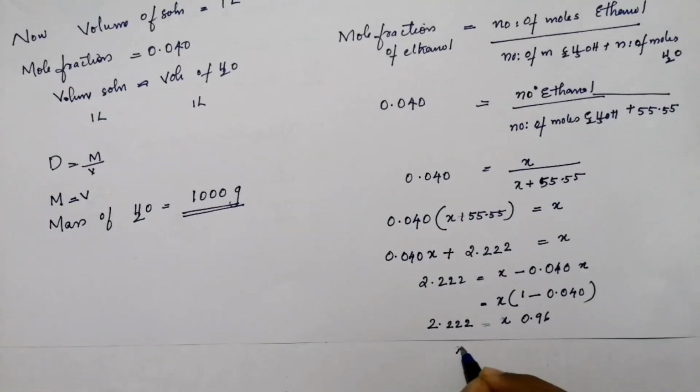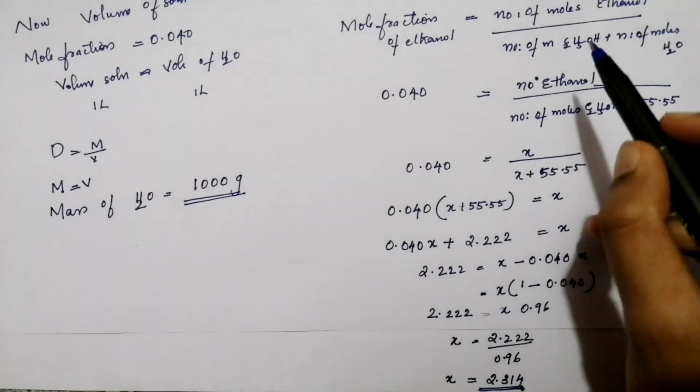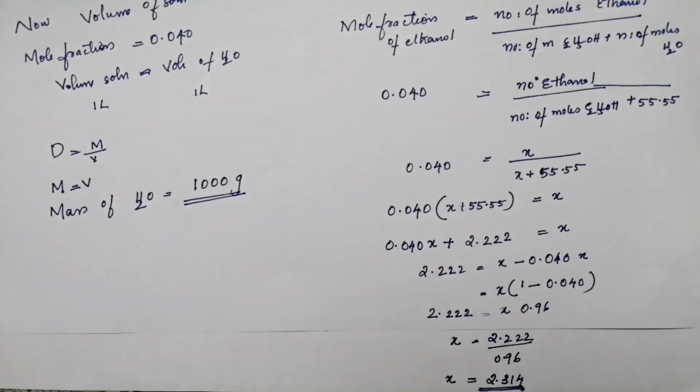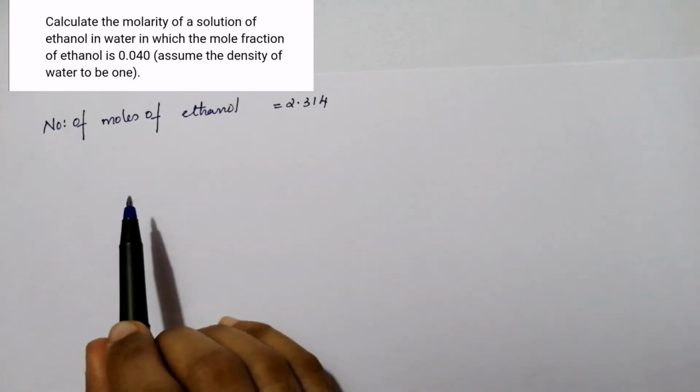Now to get the value of X, all I have to do is divide 2.222 by 0.96. Solving this, we get 2.314. We know that X is equal to the number of moles of ethanol. We have calculated the number of moles of ethanol to be 2.314.